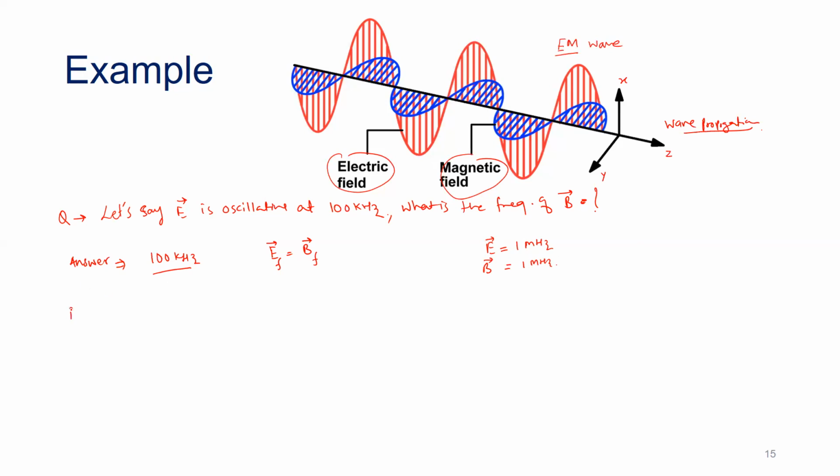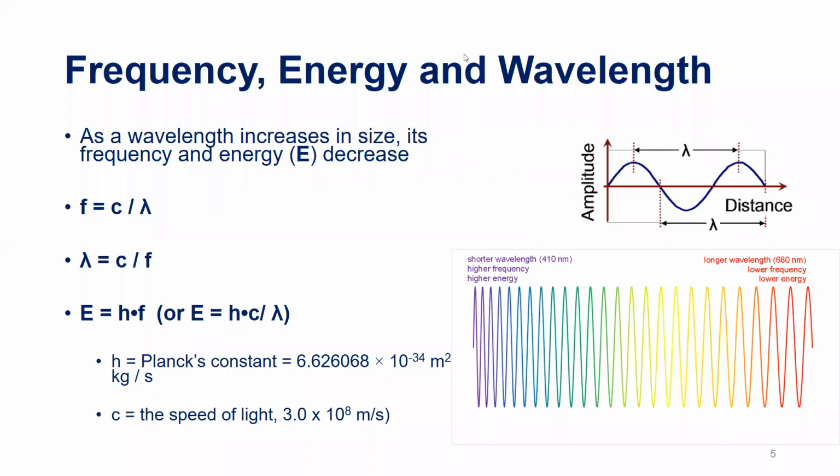Now let us talk about energy. We have already seen what is the energy of an EM wave. Energy E equals h times f, where h is Planck's constant, given by this value.